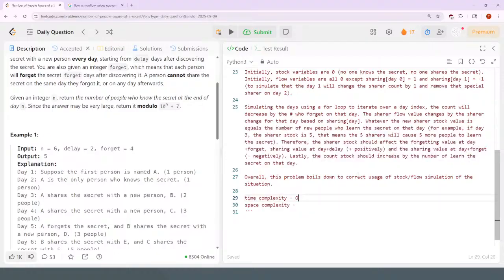Alright, anyways, time complexity is going to be O of n, where n is the number of days.